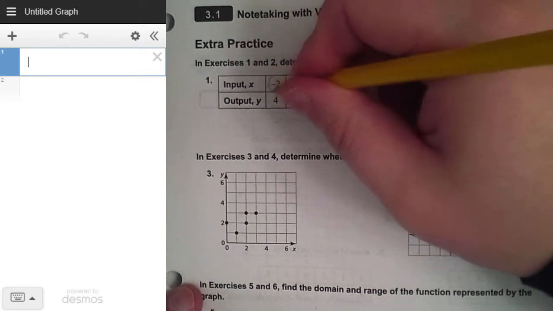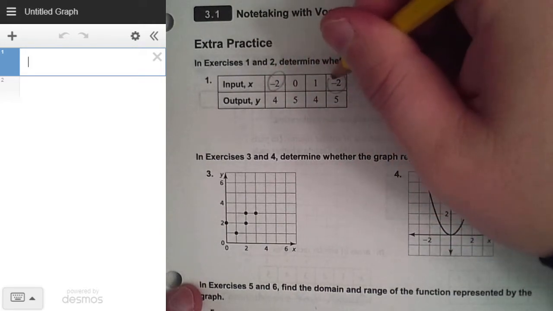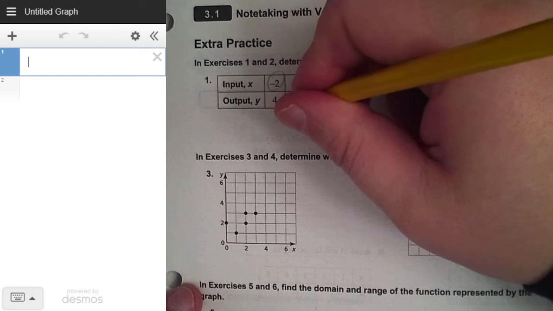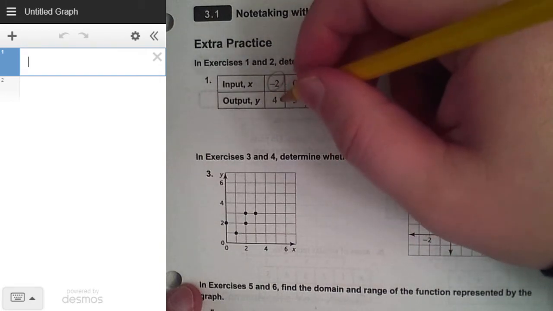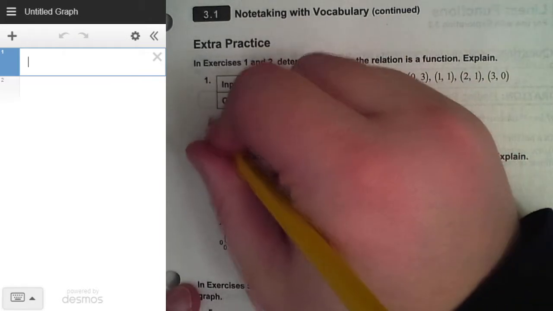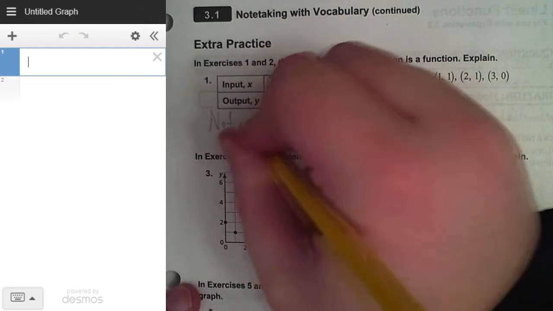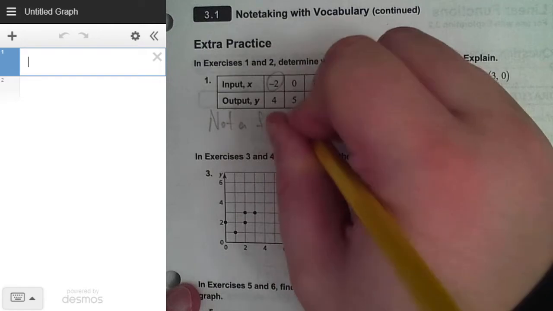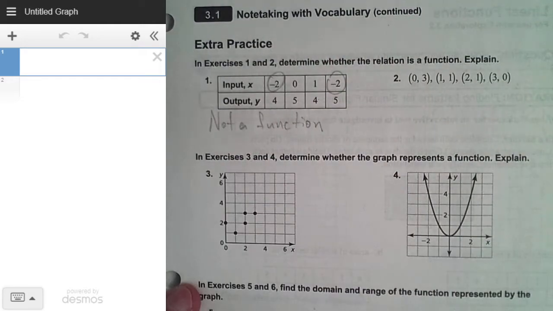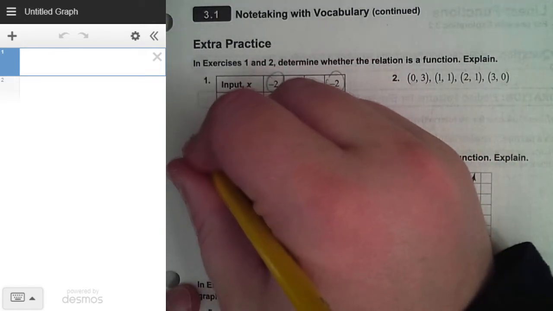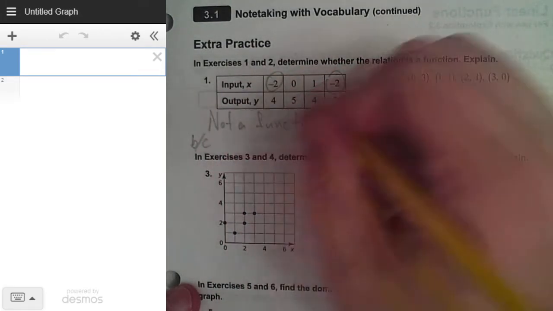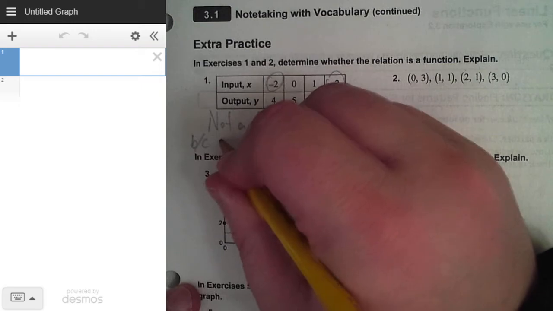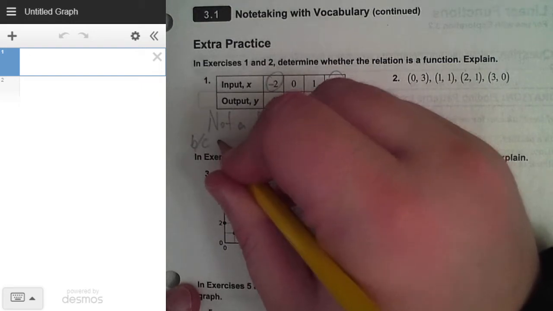What we notice is we have 2 of the same inputs, and we need to determine whether we end up having different outputs, and we do. So not a function for number 1, because one input had 2 outputs.